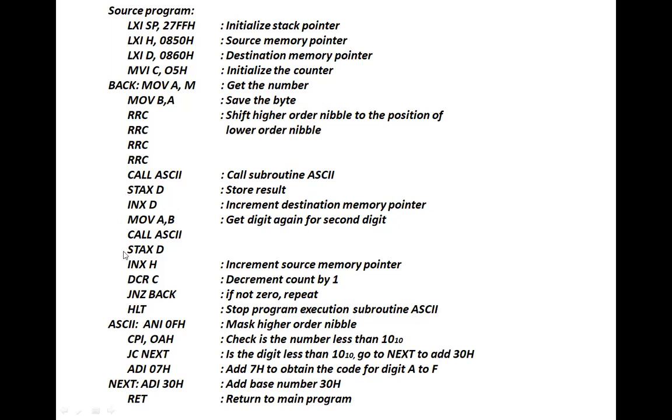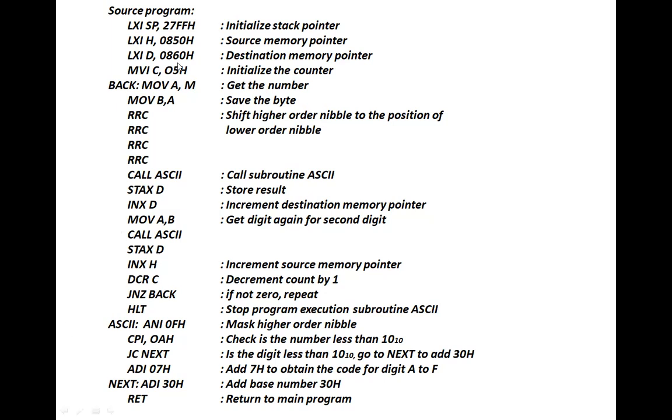And when it returns, now it will not return to the earlier STAX D, but to this STAX D, because this call instruction has been executed. Once it reaches here, it stores the result, which is in the accumulator, in 0861.